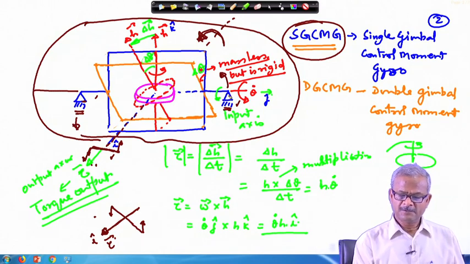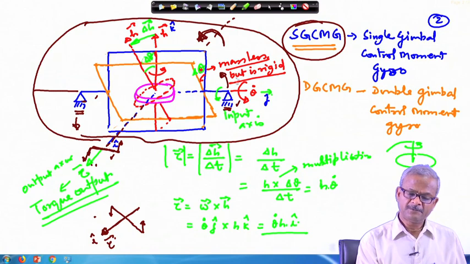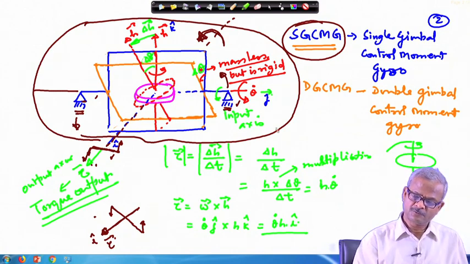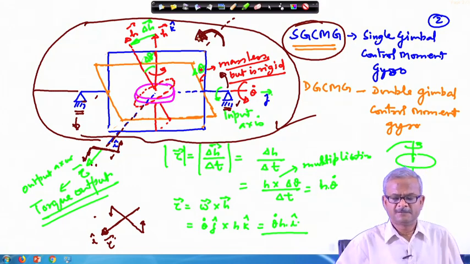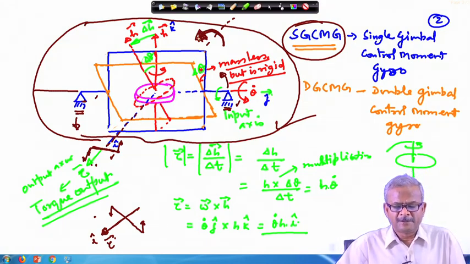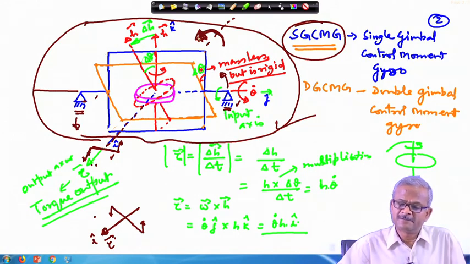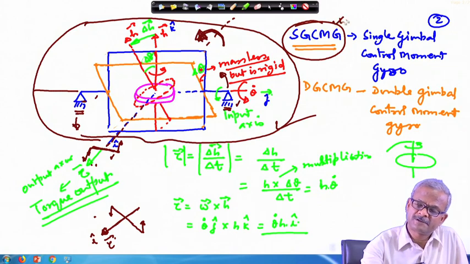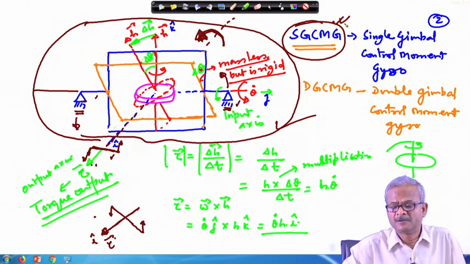So, where will this torque then go? This torque will then act on the whole body and it will move the whole body about this axis. Okay. So, using the control moment gyros, we can reorient the satellite, and this single gimbal control moment gyro can produce very large torque.